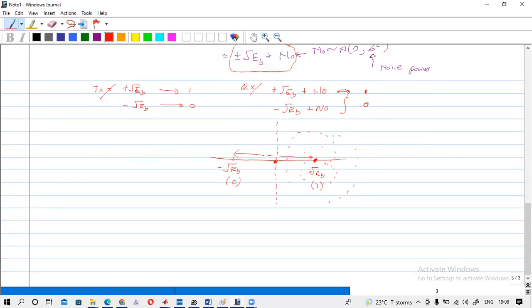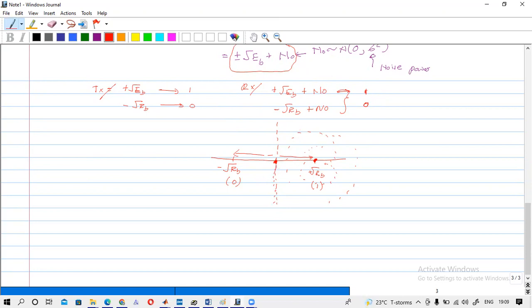Otherwise this decision point will change. Calculating this decision point is actually very mathematical; we have to use very complex probability theory to calculate this boundary position. But since we have equiprobable and symmetric symbols, we can simply take the middle point as the optimum decision boundary.